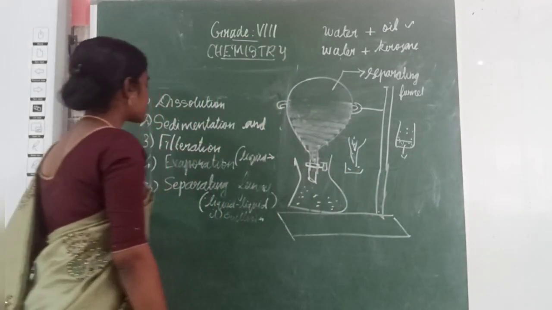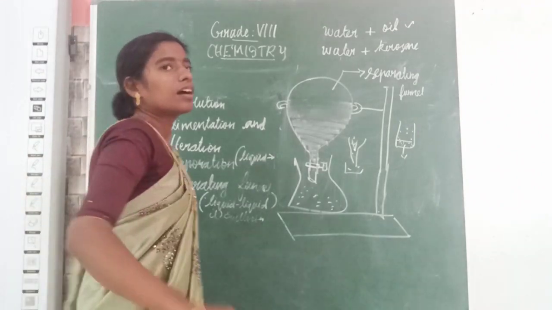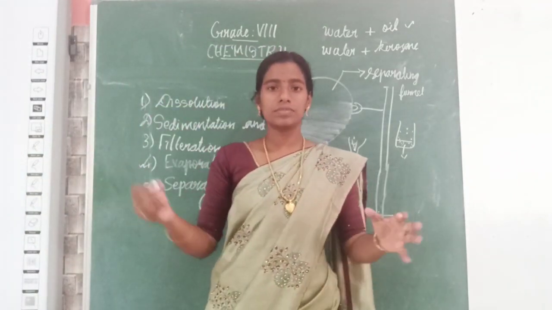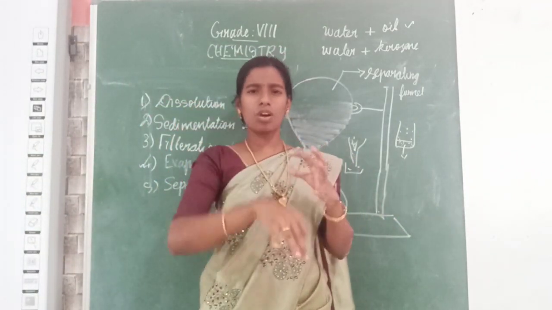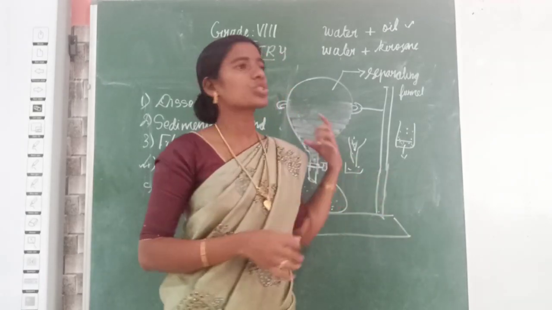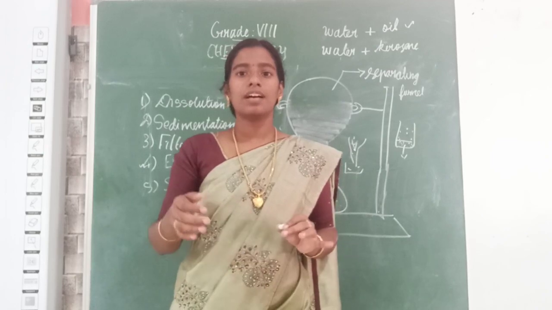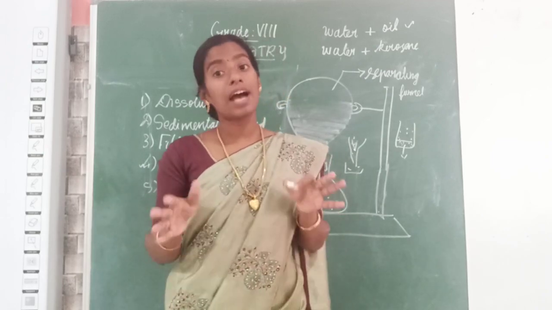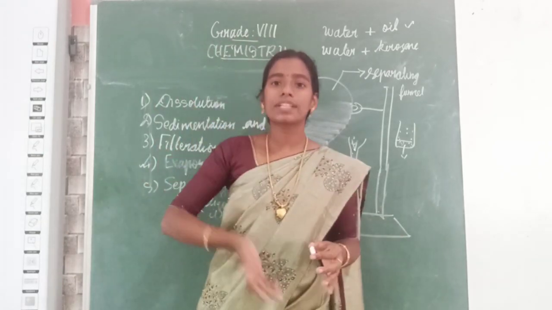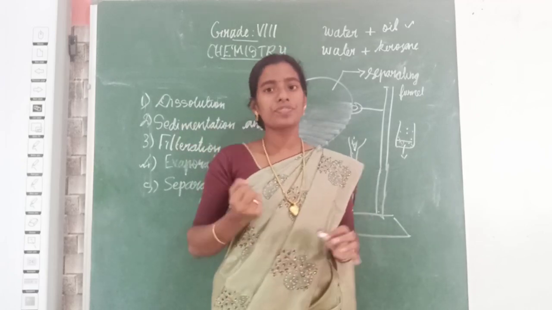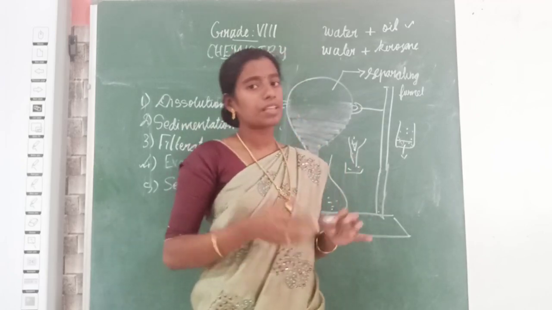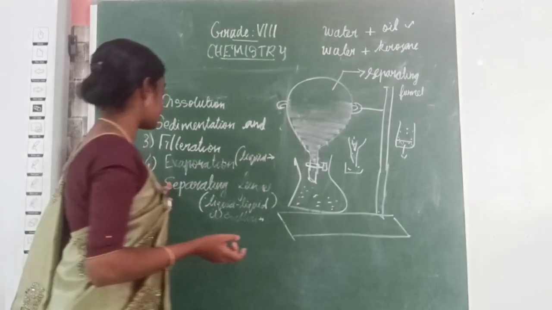Then the next one is evaporation. When you have some salts dissolved in the water, for example salt solution, when you allow this mixture to stay in high temperature, the water content will evaporate and the salt we can separate easily. That is nothing but evaporation.